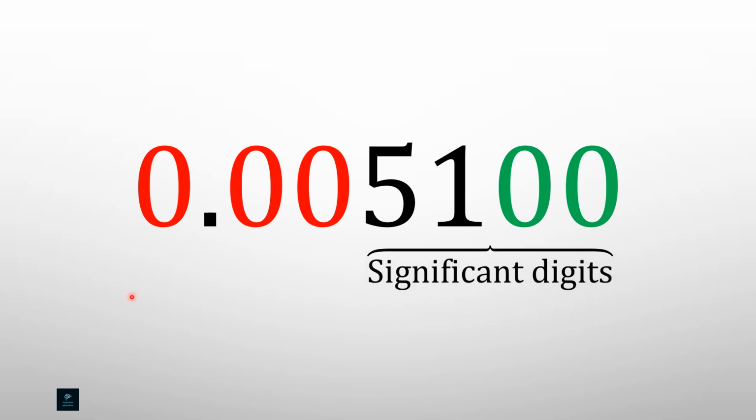Thus, in the light of the preceding rules, in this number, zeros between the decimal and the first non-zero digit are not significant. Zeros after the last non-zero digit are significant. Therefore, we have four significant digits that are 5, 1, 0 and 0.